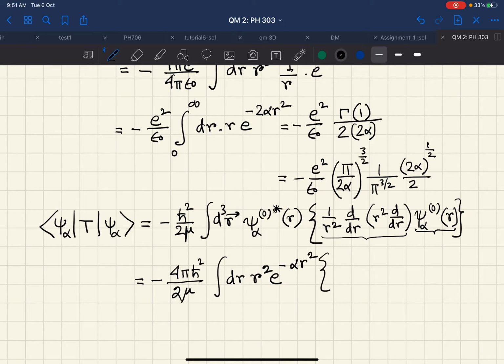Now we have a factor of 1 by r square d/dr into r square, and then if we take the derivative we have a factor of minus 2 alpha, and then we have a factor of r, and then we have e to the power minus alpha r square.